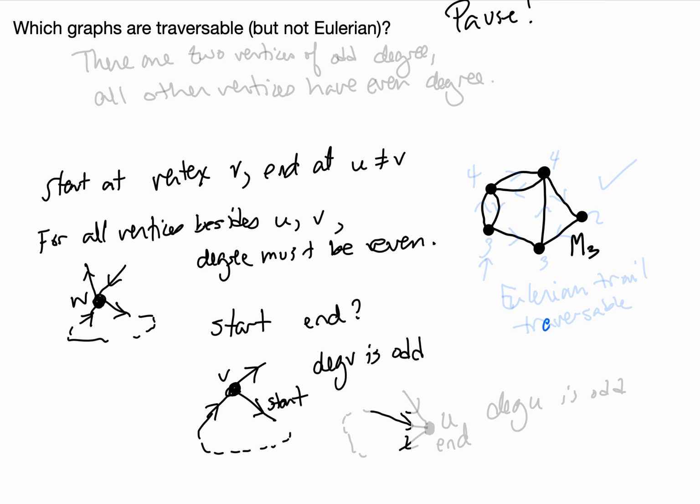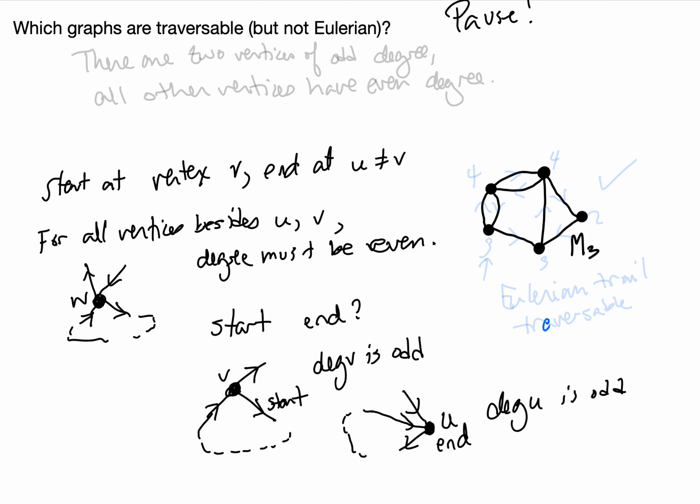And similarly, if we think about the place where the trail ends, then we may have gone through U some number of times, and that number of times is an even number of times. But then whenever the trail does end, that entrance is not paired with an exit. So again, the degree of U is odd as well.